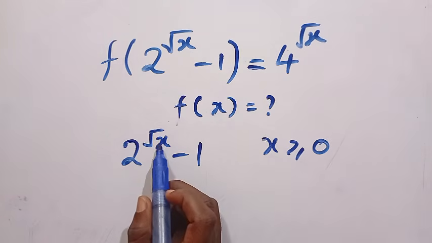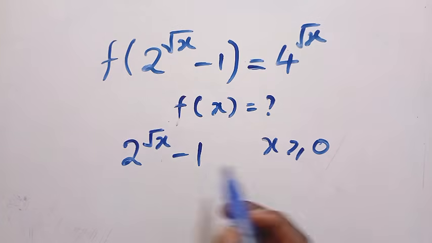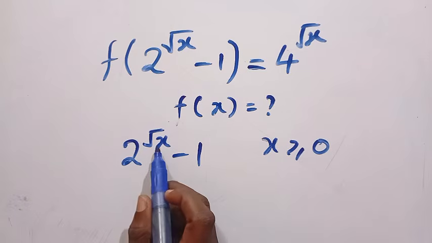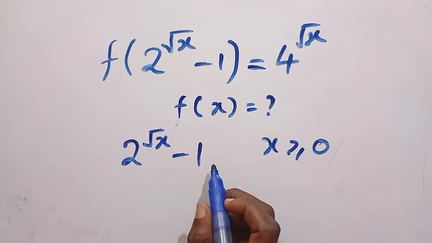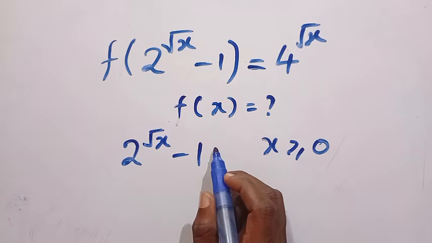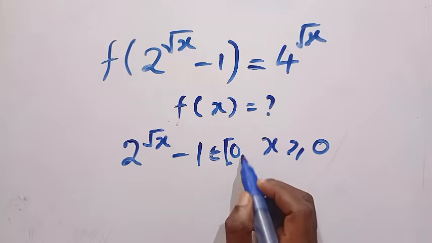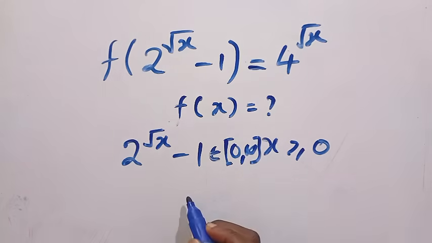As this can be 0, we can still have 1, 2, and as many as we have. If we start plugging in, we are going to have a series of numbers that will be a member of the closed set from 0 to infinity.